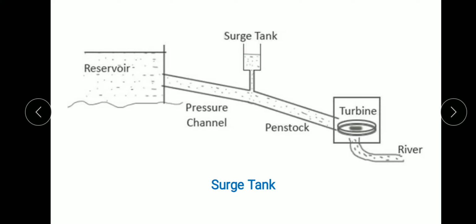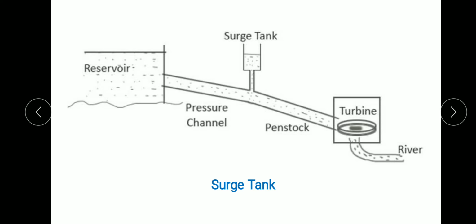This is the excess water stored inside the surge tank based on the valve opening, based on the requirement. If the pressure inside is very low, then the water from the surge tank will flow to the penstock. If excess pressure is there inside the penstock, then some water will go to the surge tank. So this is about the surge tank.